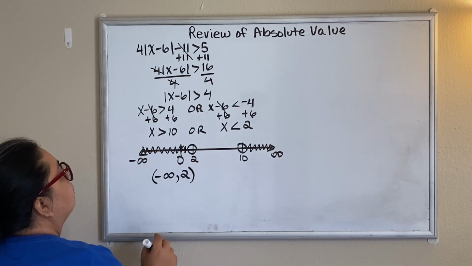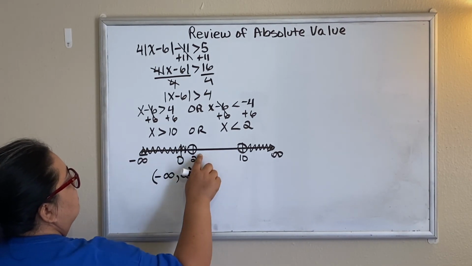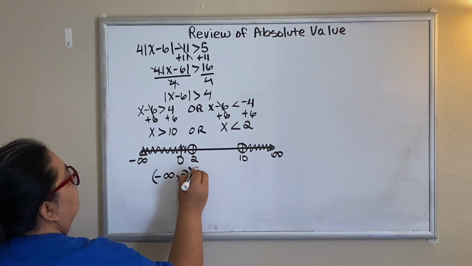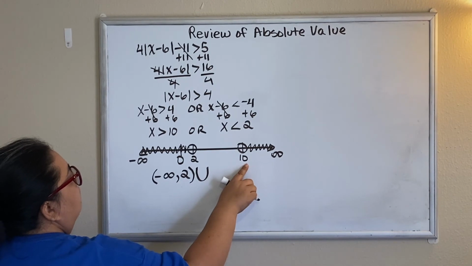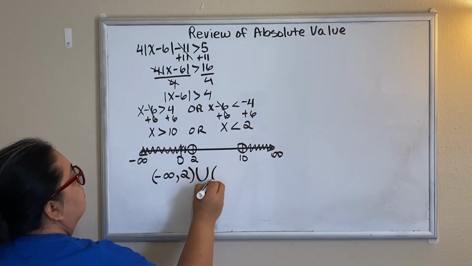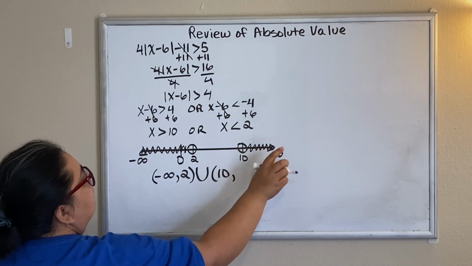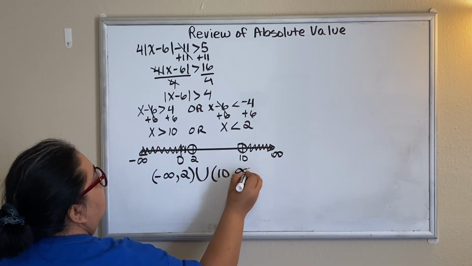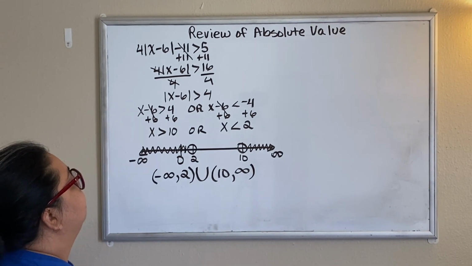If it were closed, we would use brackets, but it's open, so we use parentheses. Then we have a break. So we're going to say U for union, and then we're starting in at 10. 10 is open, so we use parentheses, 10, comma, and then we shade until we get to infinity. And infinity is open, so we close with the parentheses.